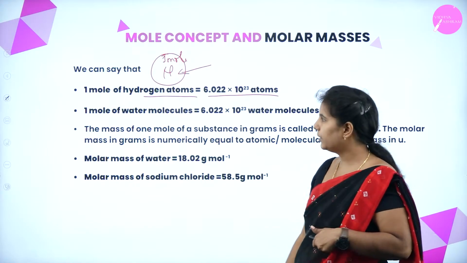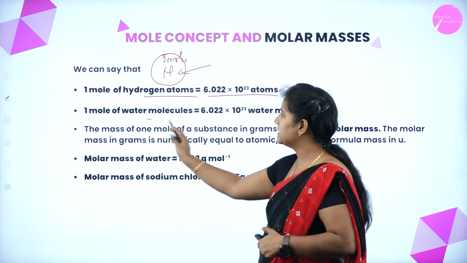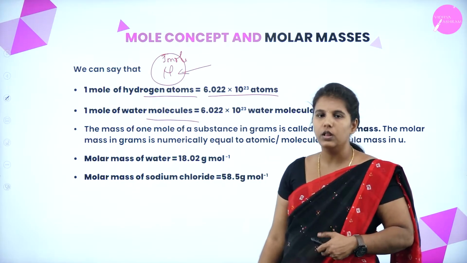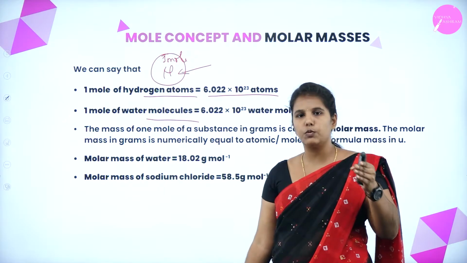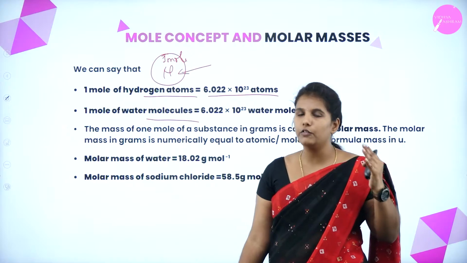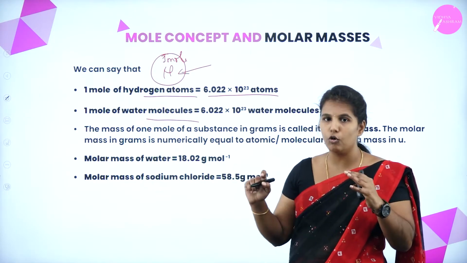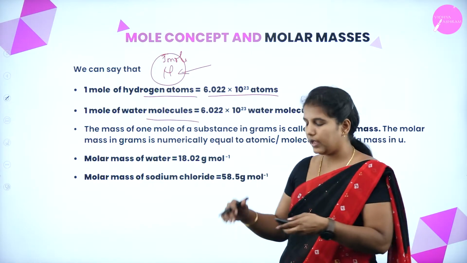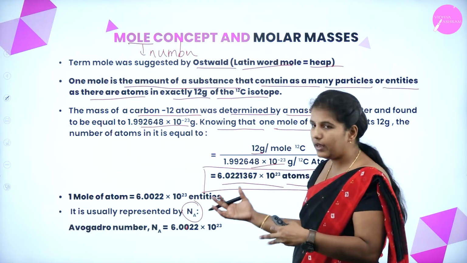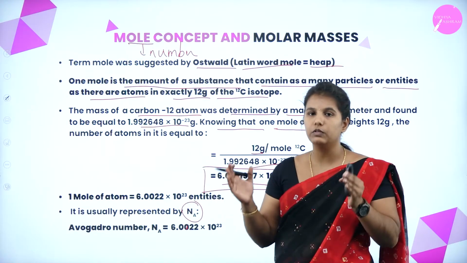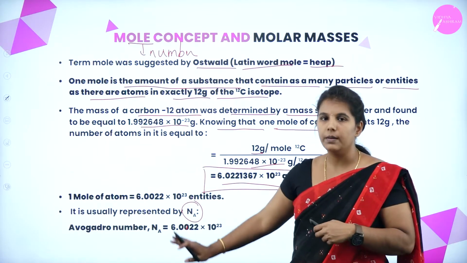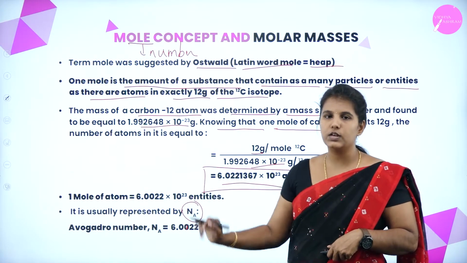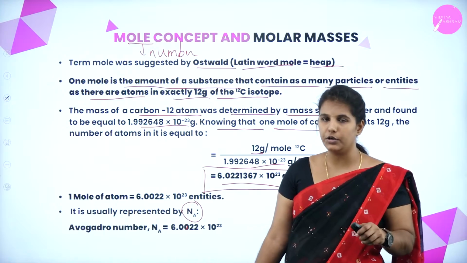Similarly, you can consider the example for a molecule also. So 1 mole of water molecules contains 6.022 × 10^23 molecules per mole. This is how we can get the number of atoms in a particular atom or molecule, by using this standard found by the scientific community.